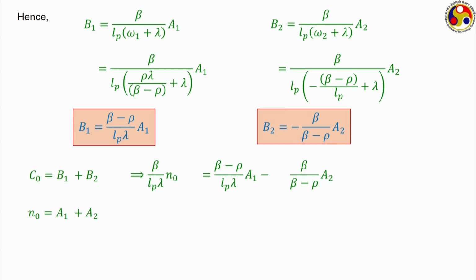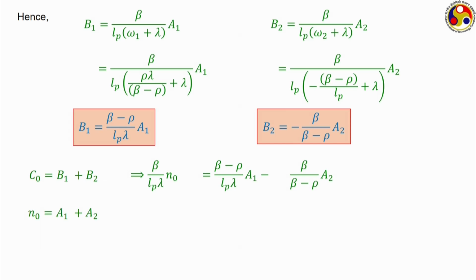And now, N naught is equal to A1 plus A2. We can just add these two equations together by multiplying the second one with any suitable coefficient, so that we can get a solution for N naught in terms of A1 and A2, or a relation between A1, A2 and N naught.